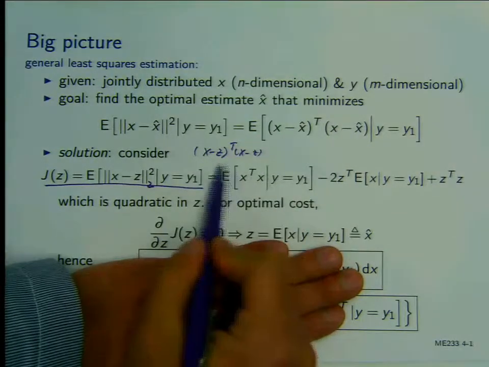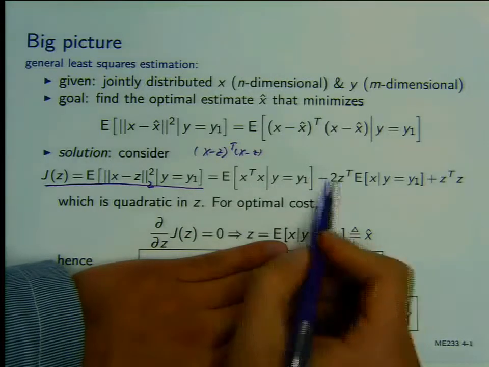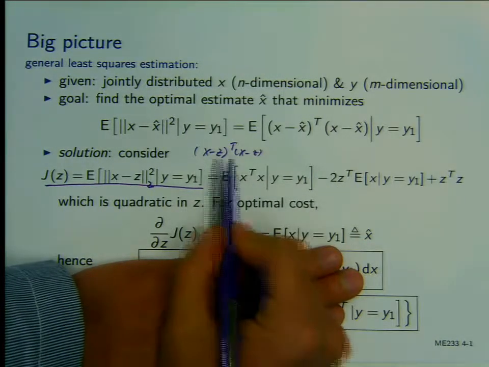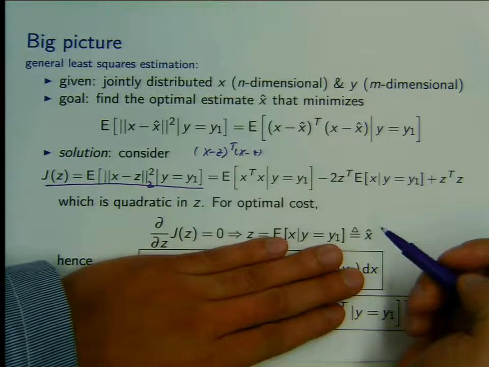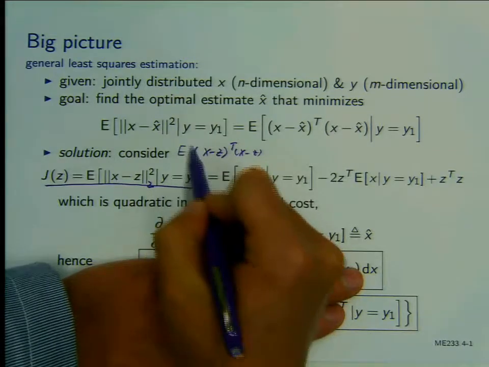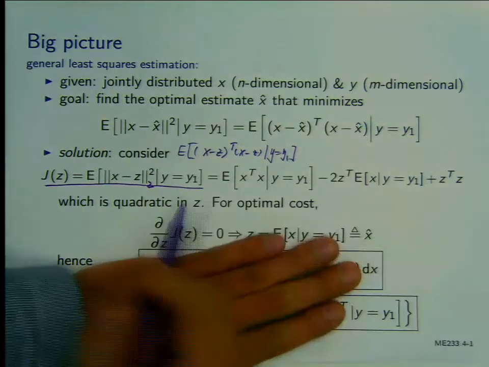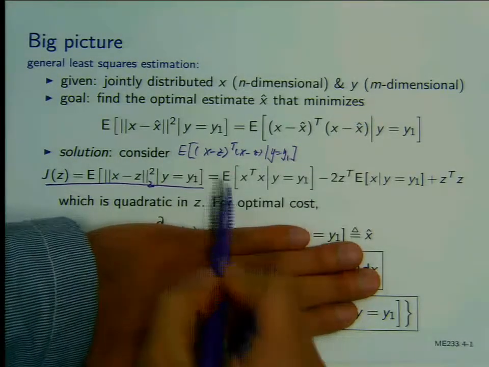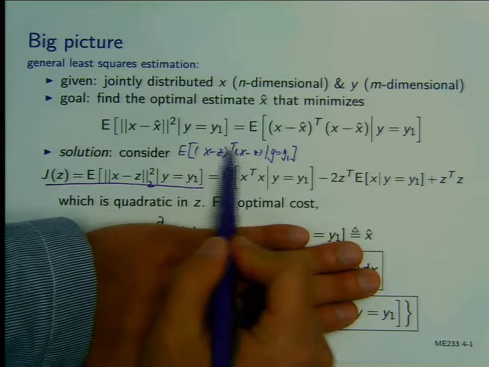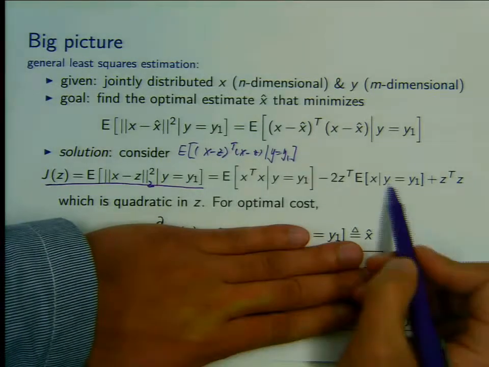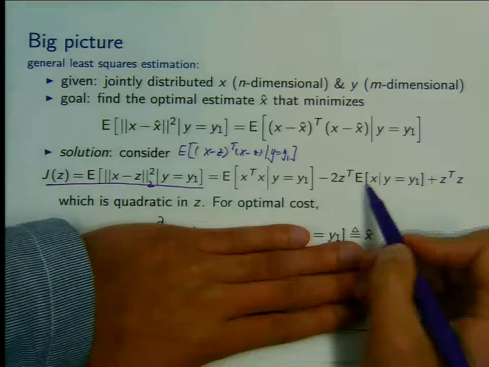Now just expand this product. First of all, I have the expectation of x transpose x, then minus 2 times the expectation of z transpose times x, given x conditioned on y equals y1. The expectation sign is going to come here.